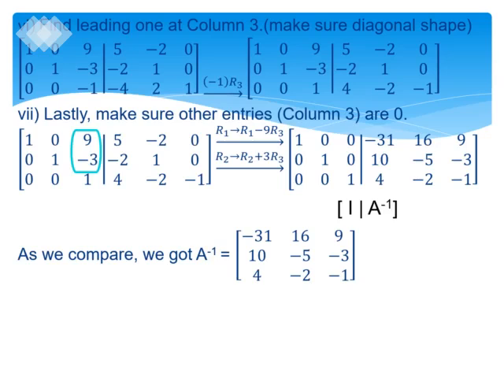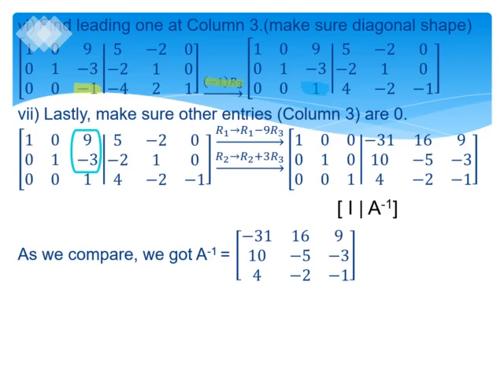Okay, find leading one at column 3. Now we move to column 3. As you can see, our leading one at column 3 is negative 1. So we have to change it to become 1 here. So we change it by using negative 1 times R3.